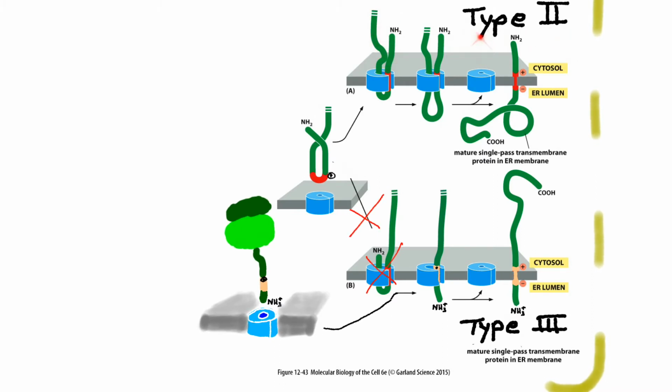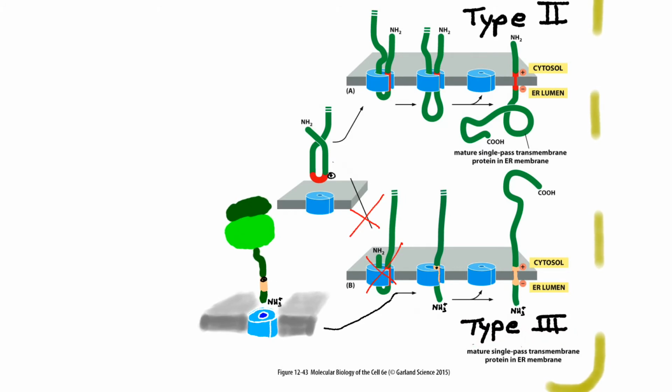So you can use a type 2 mechanism to make single pass integral membrane proteins that have very long cytosolic domains, very long extracellular or luminal domains, or both. No restrictions whatsoever.